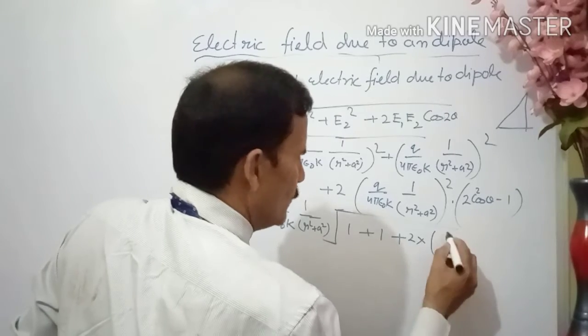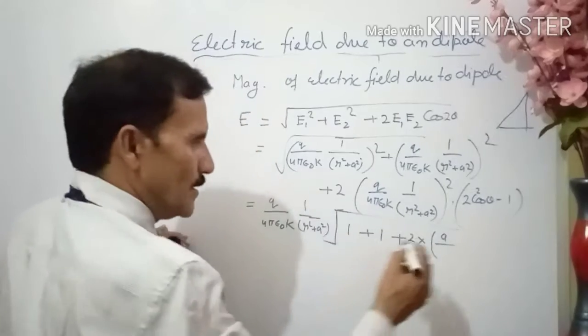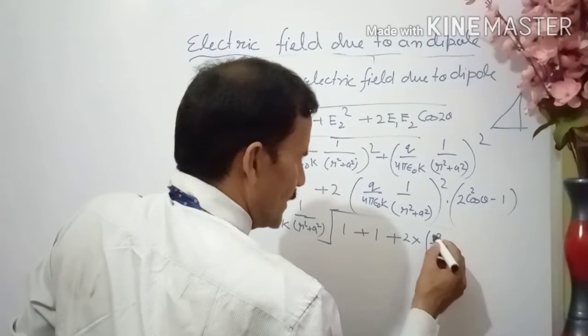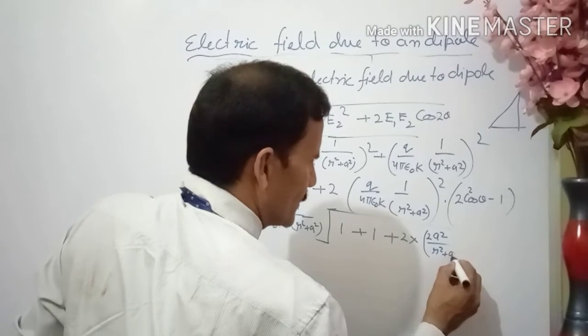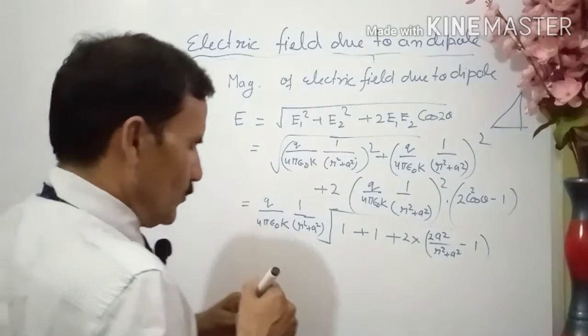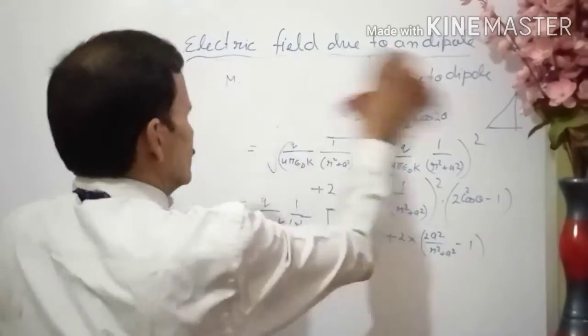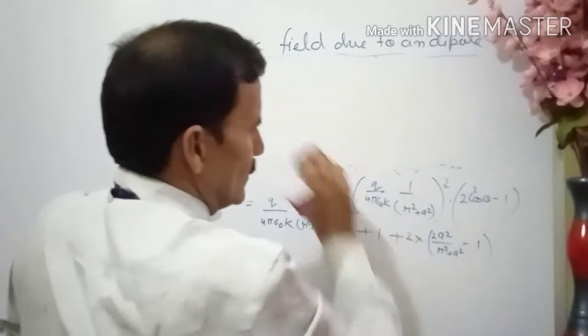What is the value? Put the value a upon, since there is a square, 2a square upon r square plus a square minus 1. Solve it. It is not very hard, so try to understand.